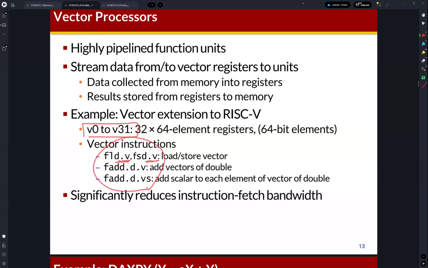A vector processor is an example of a SIMD processor. So Flynn's taxonomy is also important: based on the class of instruction streams and data streams, we can classify processors.